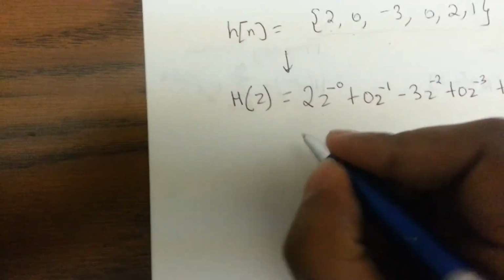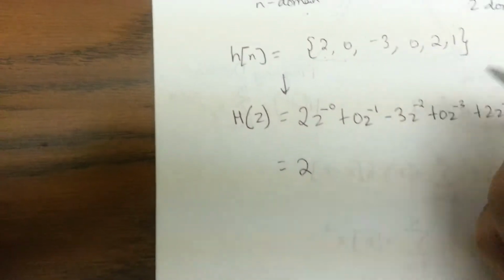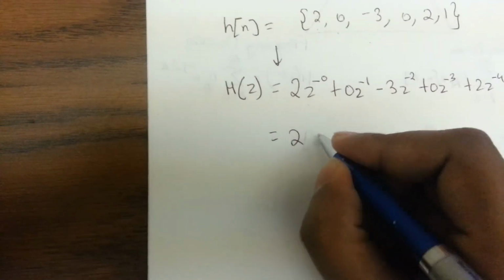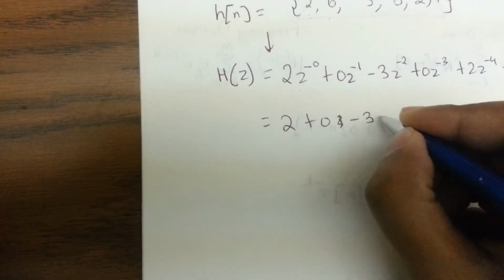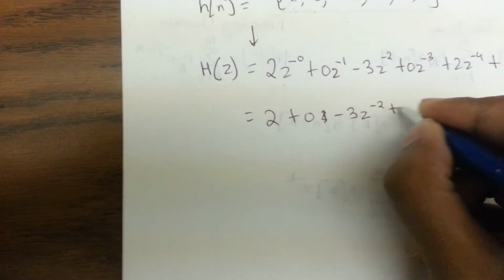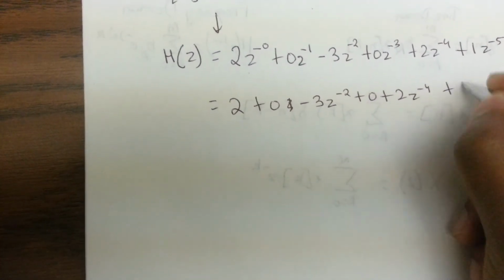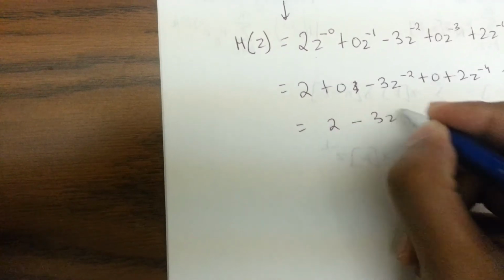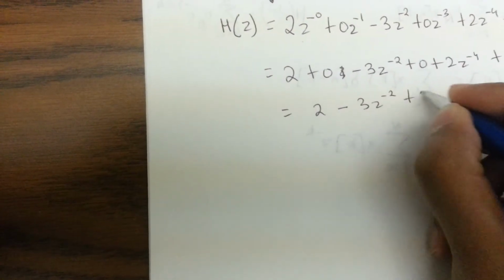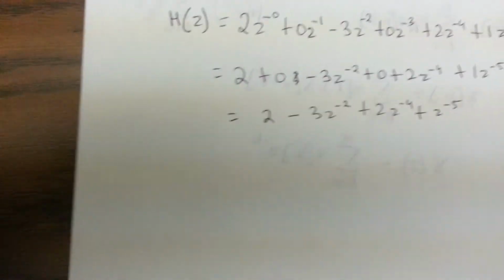This can be simplified to 2, as anything raised to the power 0 is 1, and then this is just 0, and this is minus 3 z to the minus 2, this is 0 again, and this is 2 z to the minus 4 plus 1 z to the minus 5. So this is really 2 minus 3 z to the minus 2 plus 2 z to the minus 4 plus z to the minus 5.